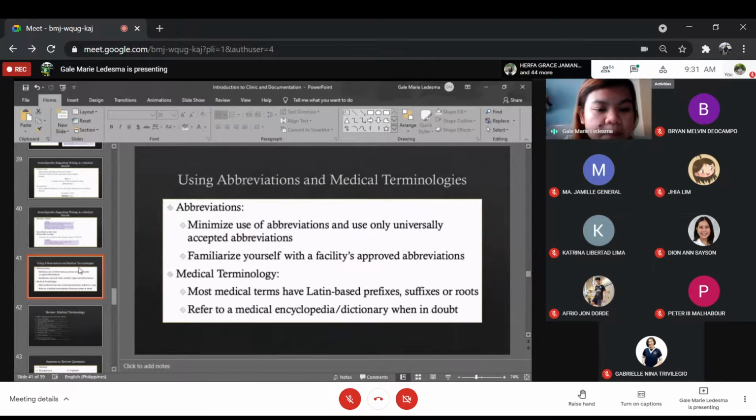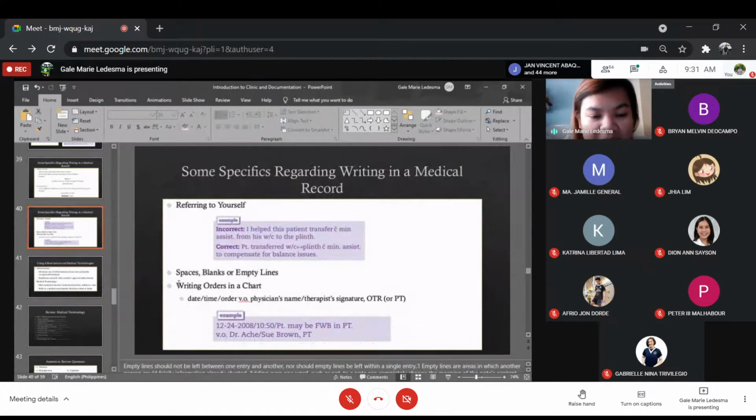Okay. Sorry. Writing orders in a chart. So, for example, no, kung refer ka, no, or you need to write in a chart mismo, no, some doctor's order, no, under doctor's order. So, this is how you need, no, to signify yourself. No?